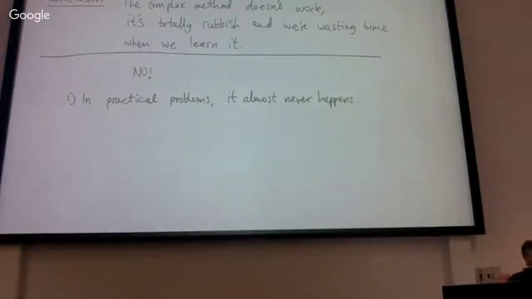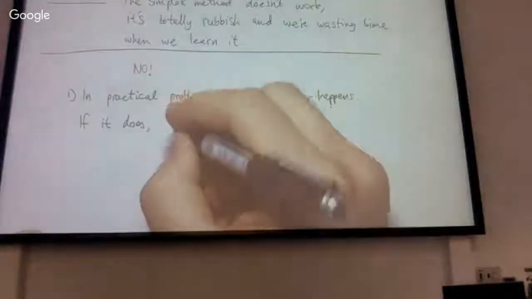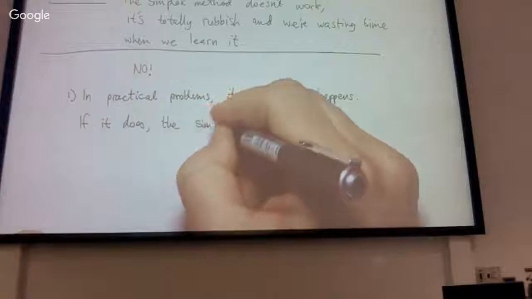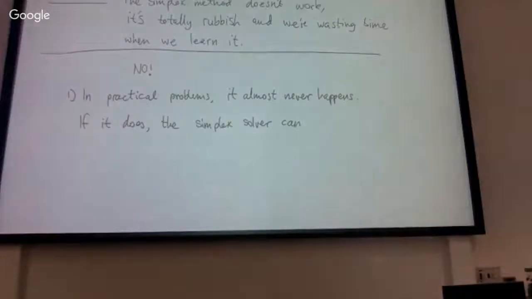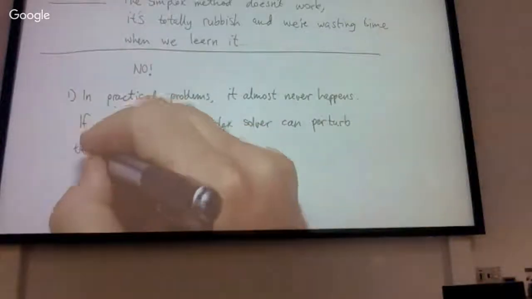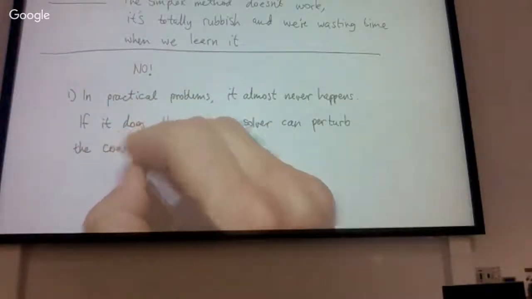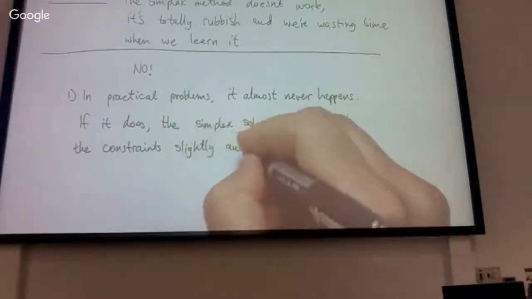Then instead of all those constraints meeting in one point, they move a little around, and you'll get a couple of points rather than just one. This is technically called perturbing the problem a little bit: perturb the constraints slightly, and the degeneracy disappears.